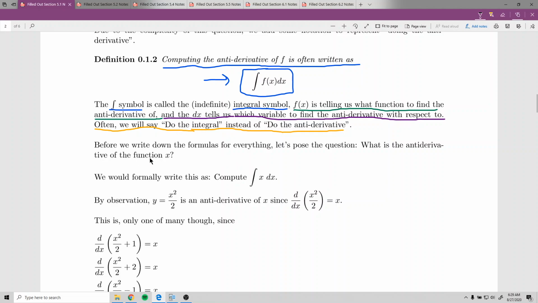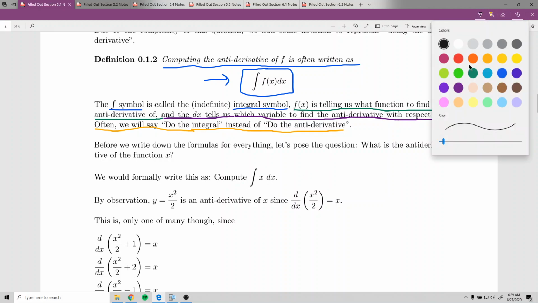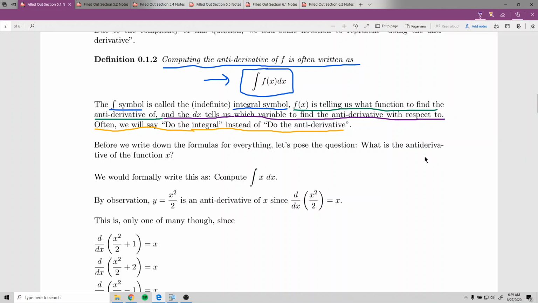Well, the way we would write this is compute the integral of x dx, because x is our variable. So the question, what is the antiderivative of the function x, written in symbols means exactly this. This is what you'd see in the homework or a quiz or test.